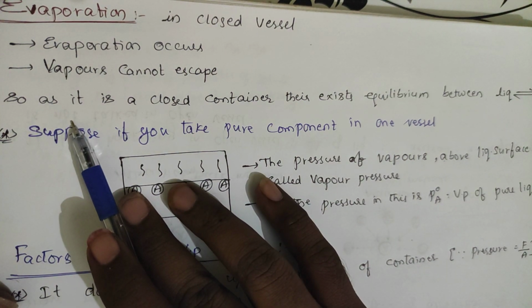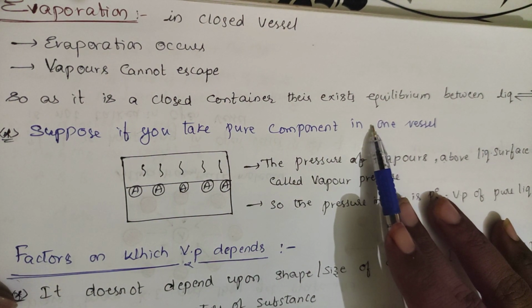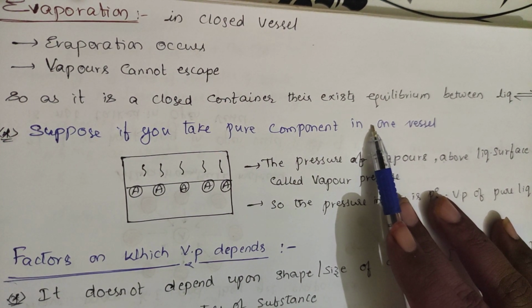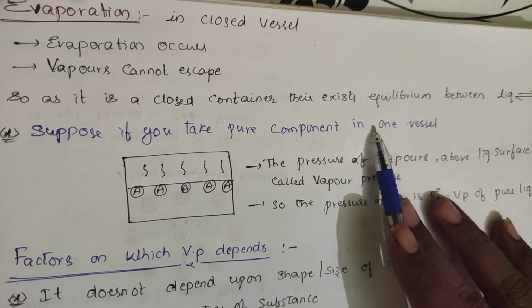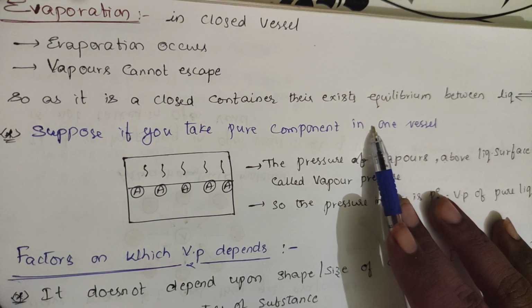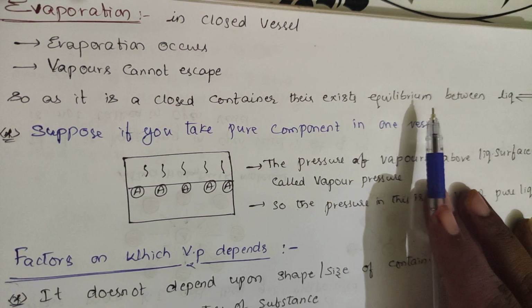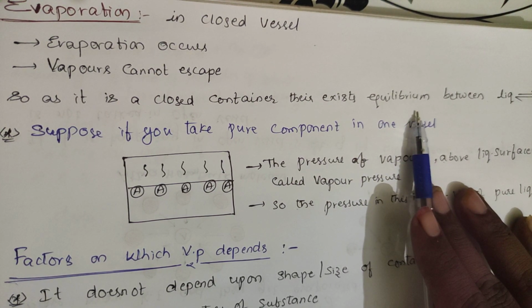As it is a closed container, up to a certain extent the number of vapors goes on increasing, and they will hit the top wall or side walls of the container. What happens at one particular stage? If they go on hitting, the vapor also gets deposited as liquid particles on the wall of the container.